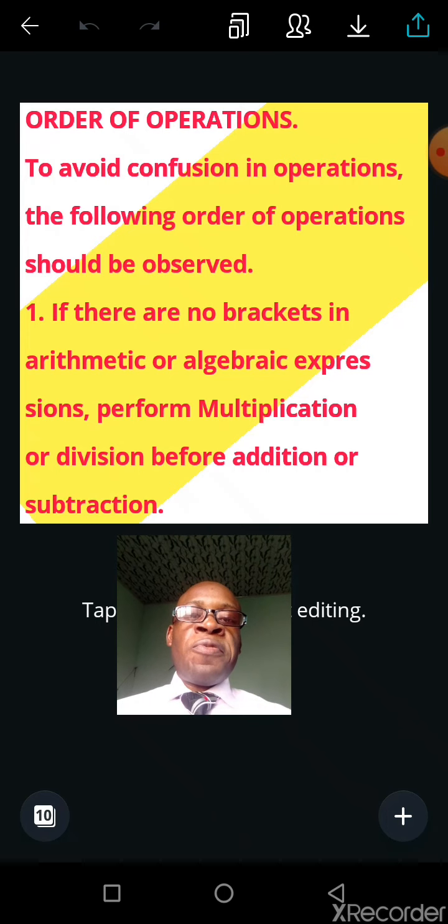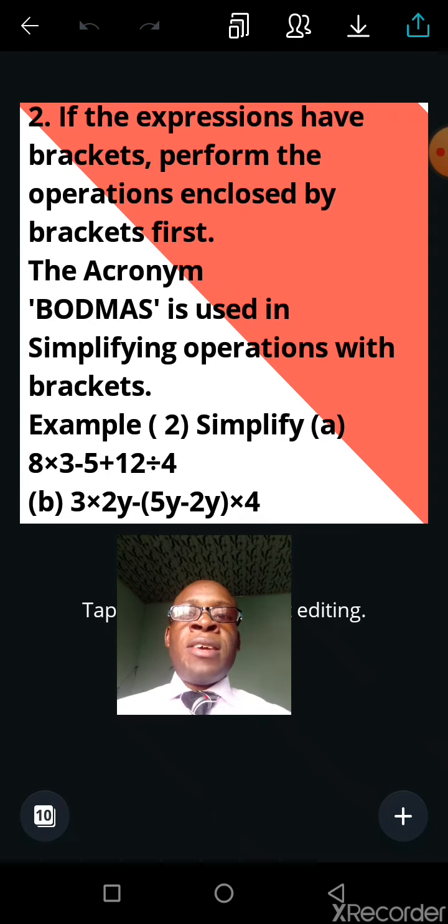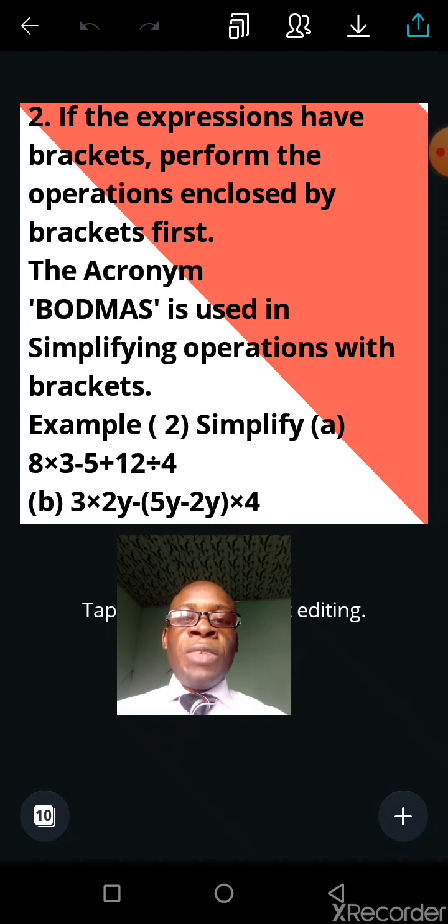That is the first order. The second order is, if the expressions have brackets, perform the operations enclosed by brackets first. We can use this acronym, BODMAS, standing for brackets, of, division, multiplication, addition, then subtraction. This is used with simplifying operations with brackets.